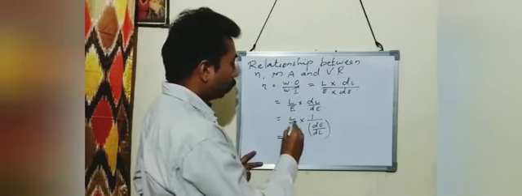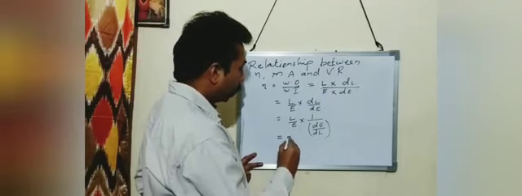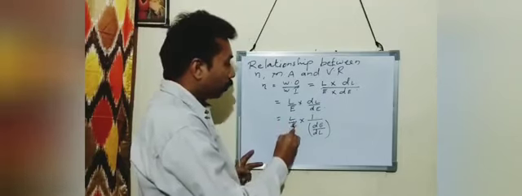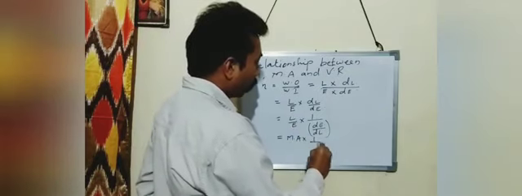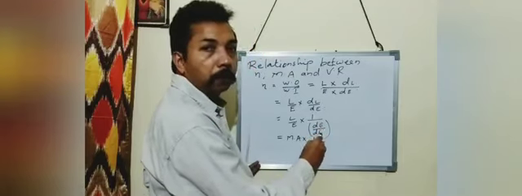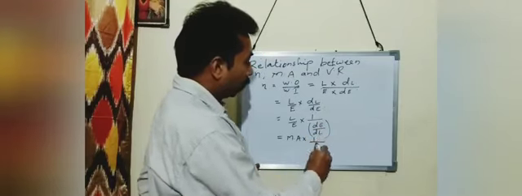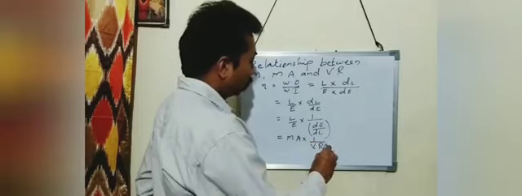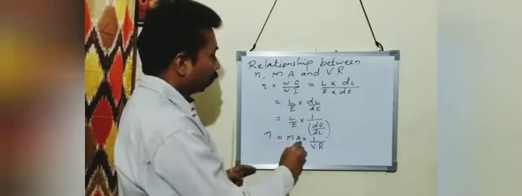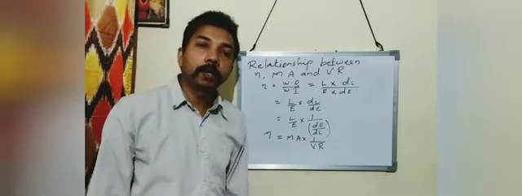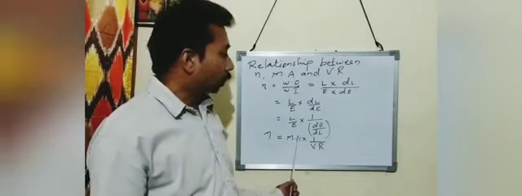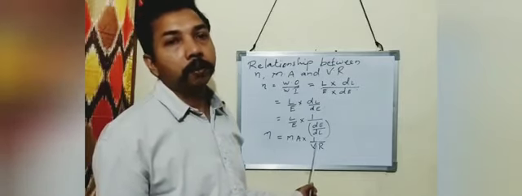Now instead of load upon effort, we can write mechanical advantage. The mechanical advantage is the ratio of load and effort into 1 upon d by dl. The ratio of displacement of effort to displacement of load is called the velocity ratio. So efficiency is equal to mechanical advantage upon velocity ratio. This is the relation between efficiency, mechanical advantage and velocity ratio.